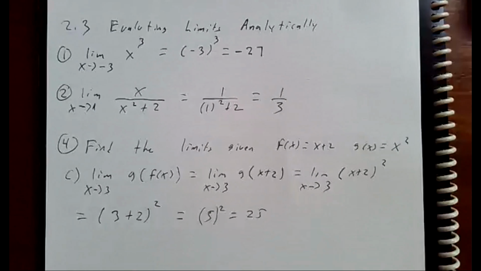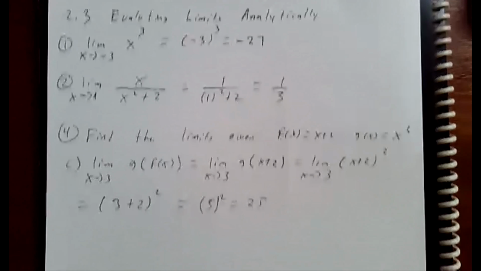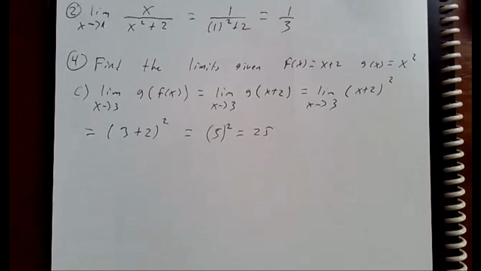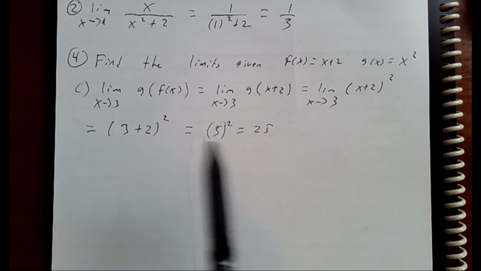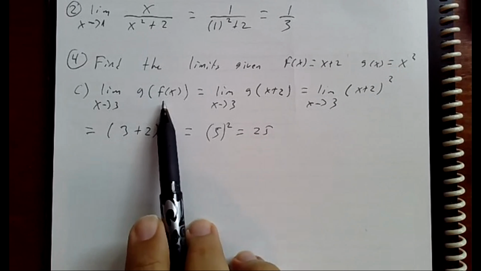Any questions on the first 4 so far? Seem okay? Did you do the last part of it? I did all of part C, yes. I guess I kind of lost where the composition part was. It's the first part, right?